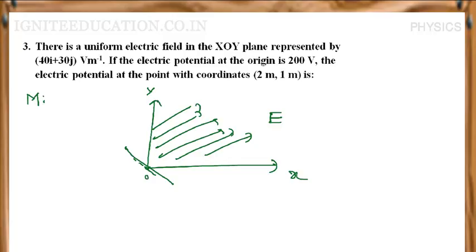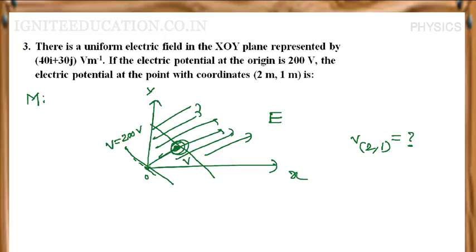We have a potential at origin that is equal to 200 volts. So you need to consider the potential at some point whose coordinates are 2 meter and 1 meter. So here you need to find the potential at (2, 1). So that is our motto.